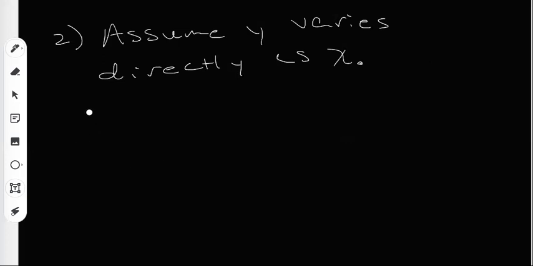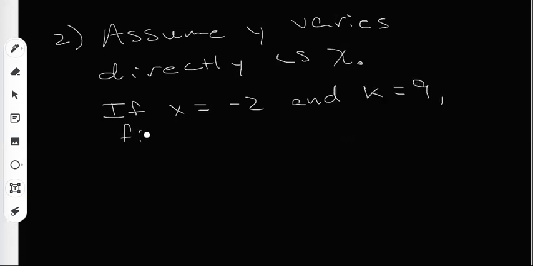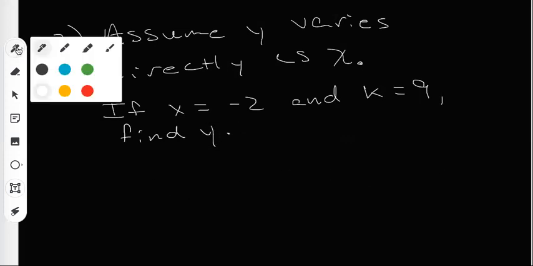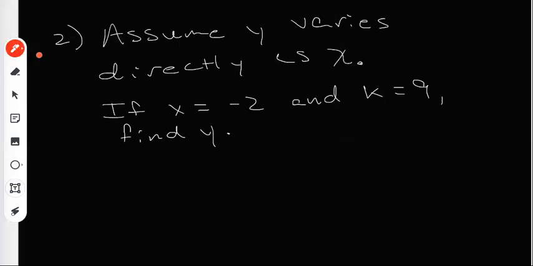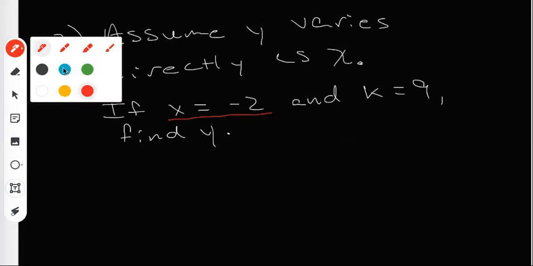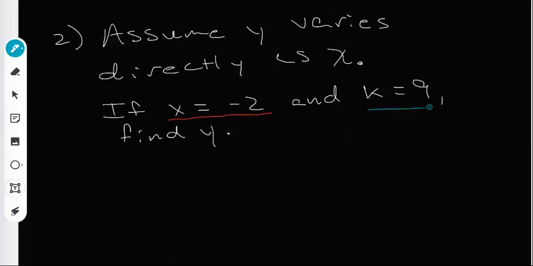Now, if x is negative 2 and k equals 9, find y. Here they're giving us 2 pieces of information that we need. We know that x is negative 2, and we know that k is 9.